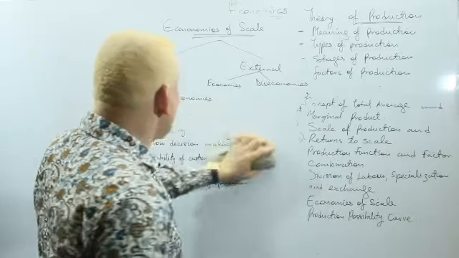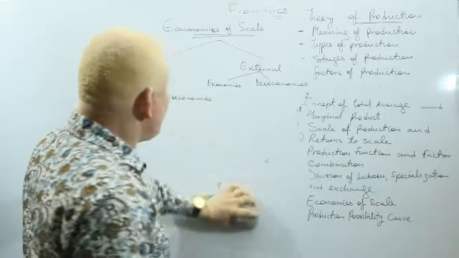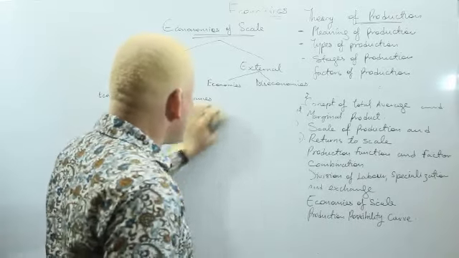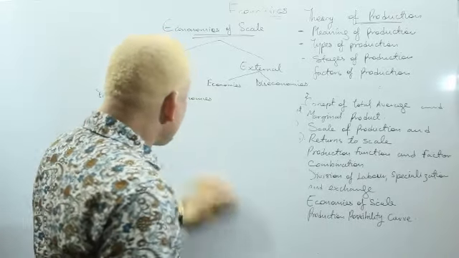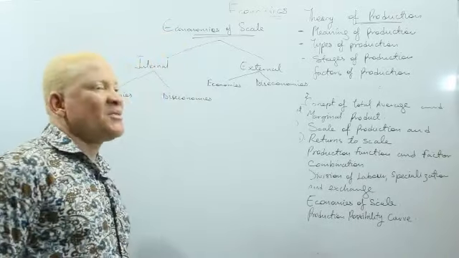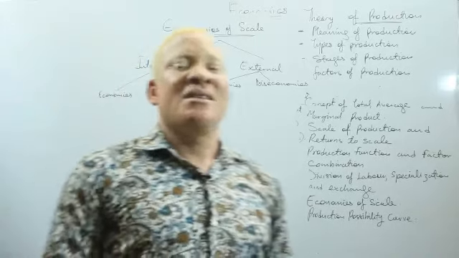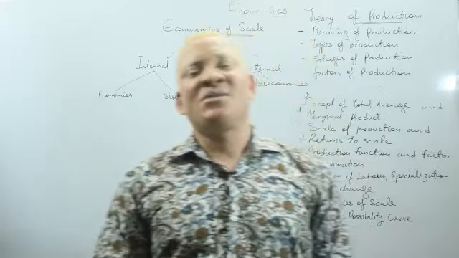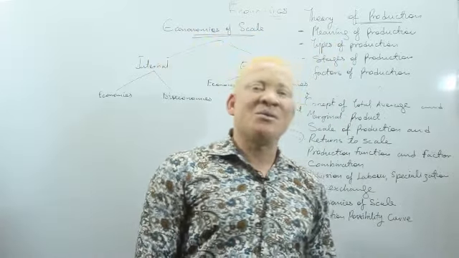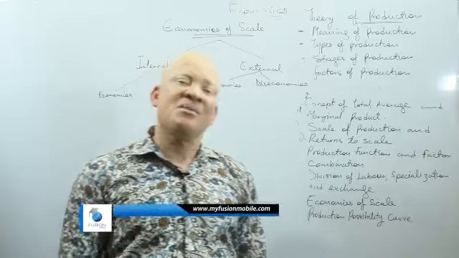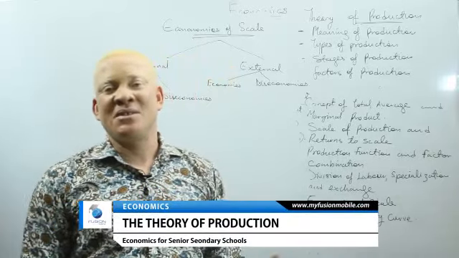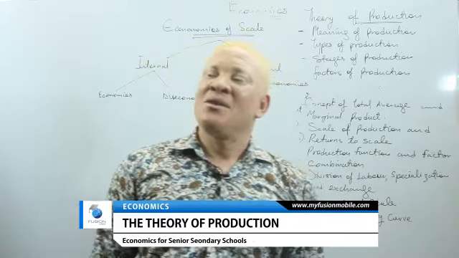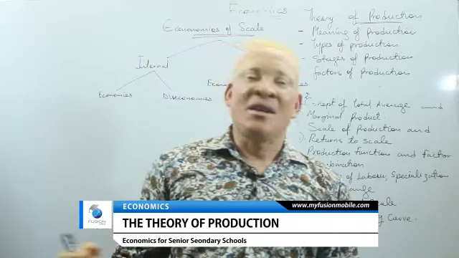Now we move down to the other one, the external economies and external diseconomies. External economies, we say it is what? The advantages a firm enjoys from other firms as a result of an increase in its volume of output. So definitely external economies will occur in the form of publicity, in the form of financial economies.